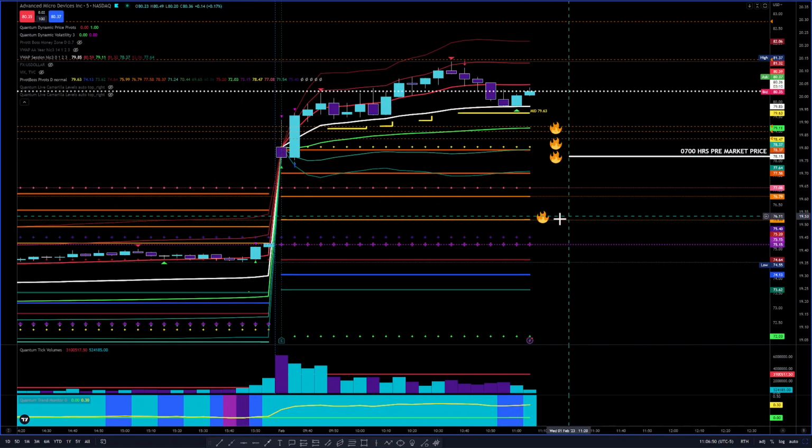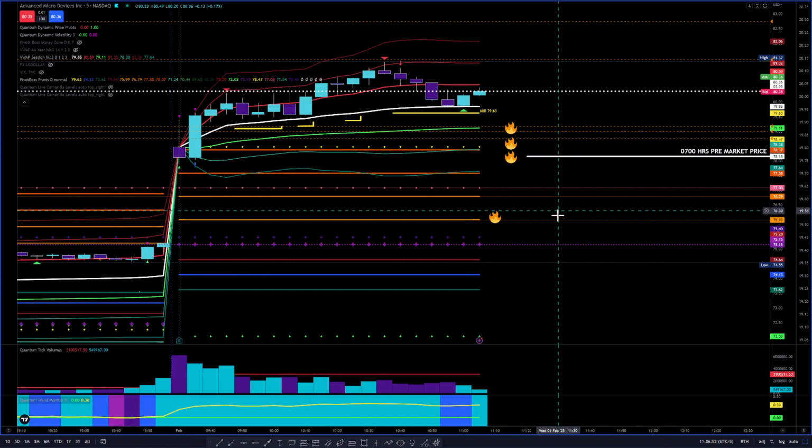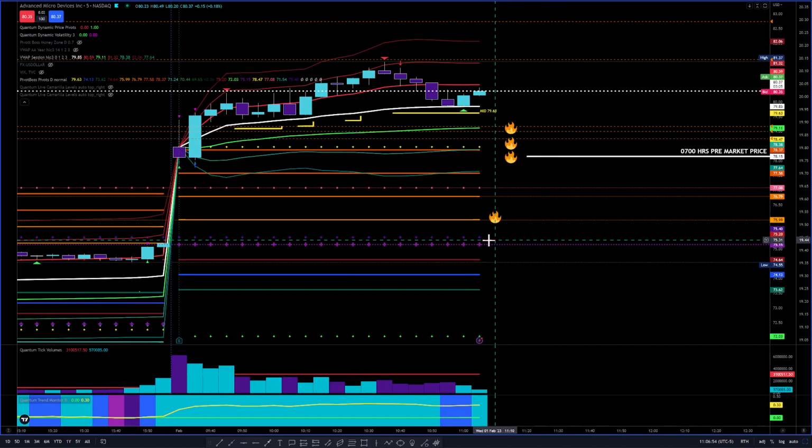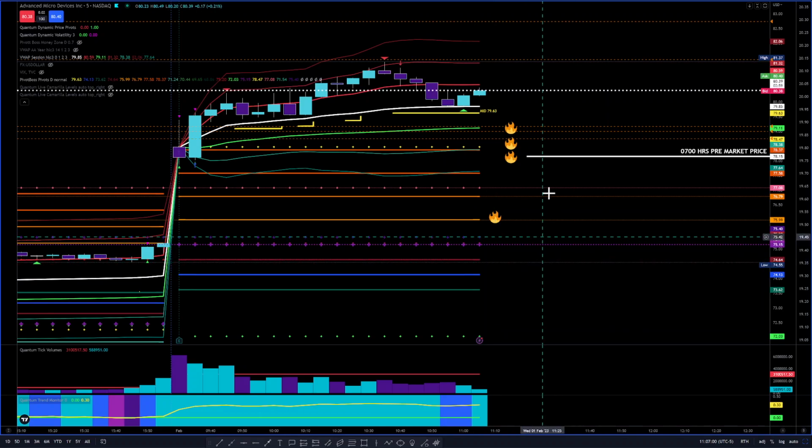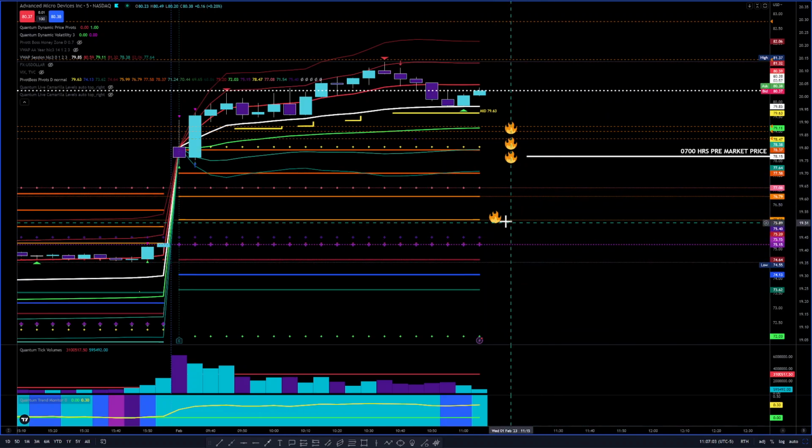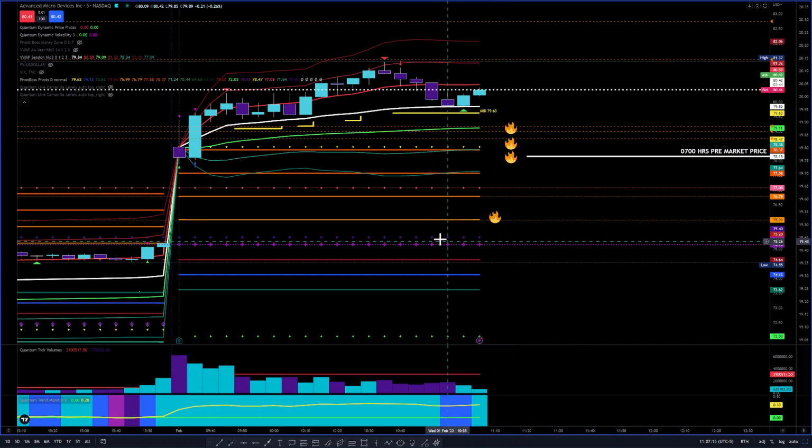These little fire emojis here, I put these because I was looking at Bookmap in the pre-market and it's showing all these levels where we have high liquidity. This was sitting on the offer here at around 75.90, 89. That was like a big bid sitting down there.